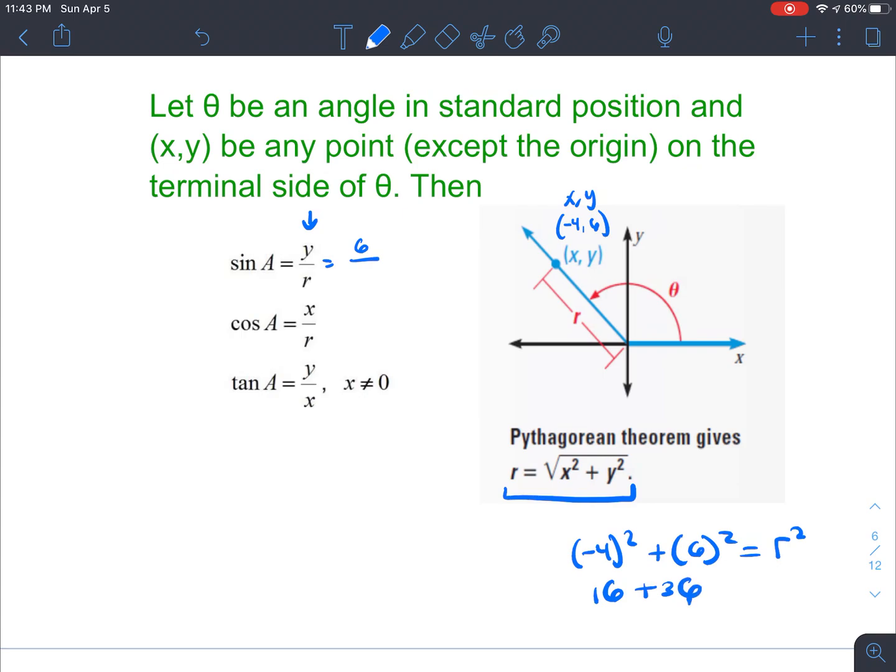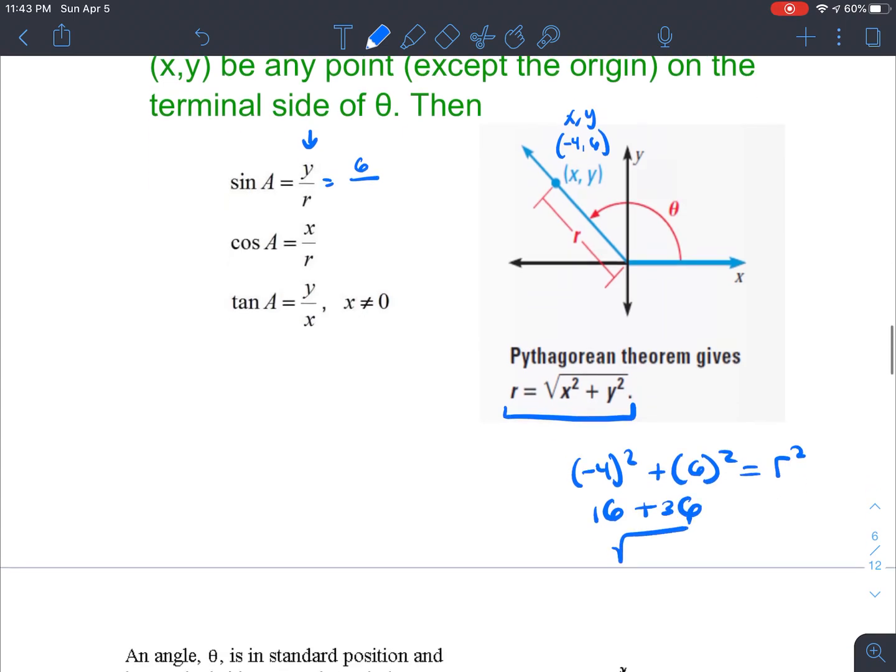That's 16 plus 36, which is 52, so r is the square root of 52. Okay, so my r value in the denominator would be a radical 52. For cosine, it would be my x value, negative 4 over radical 52. And my y over x would be 6 over negative 4.